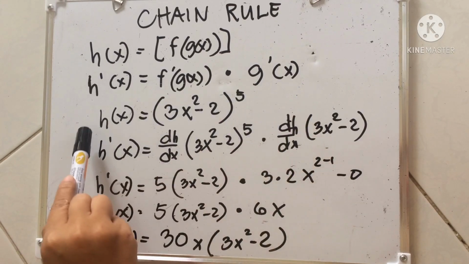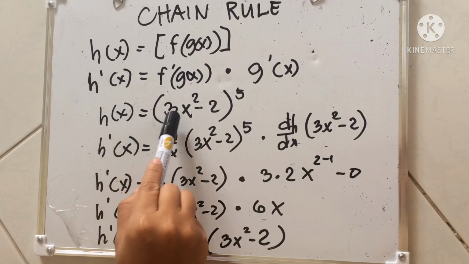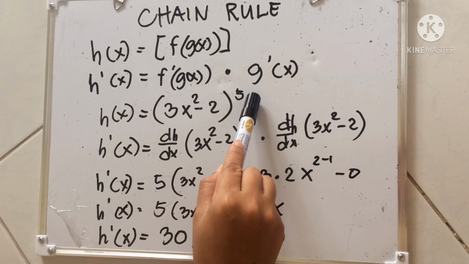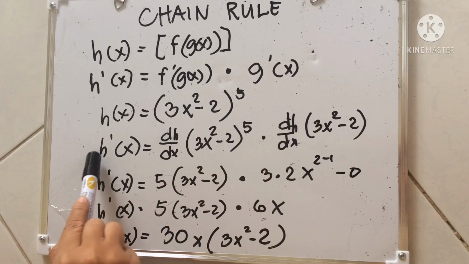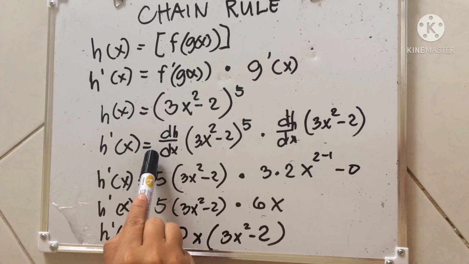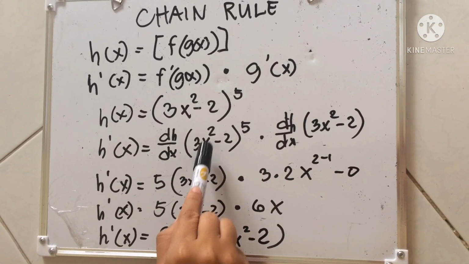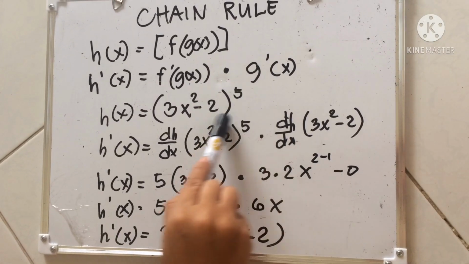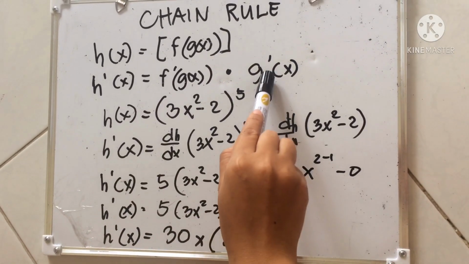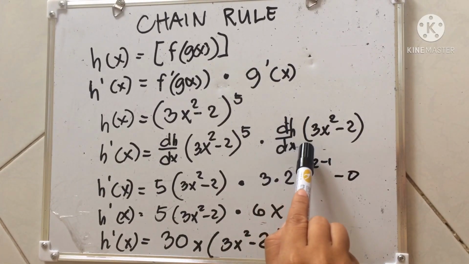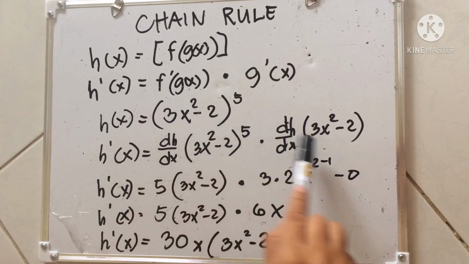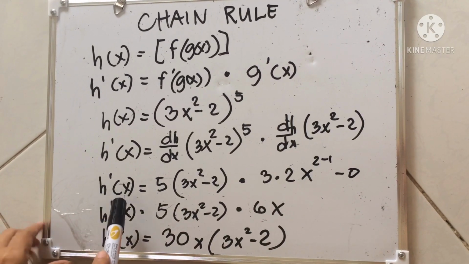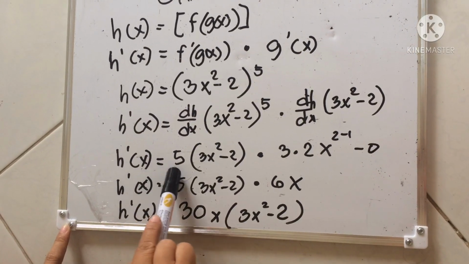For example, if we have h of x is equal to 3x squared minus 2 to the 5th power, then the h prime of x is equal to the derivative of 3x squared minus 2 to the power of 5, times the g prime of x, which is the derivative of the inner function, 3x squared minus 2.